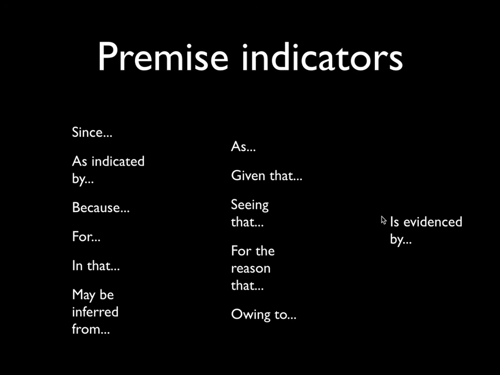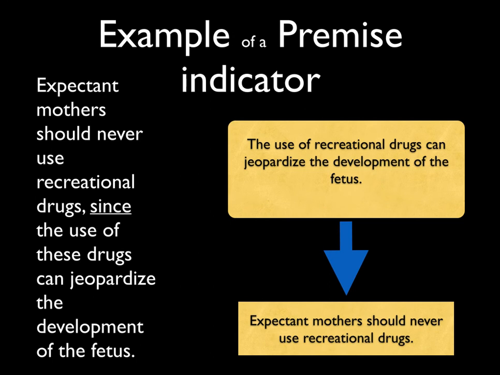And sometimes people will simply label their reasons. They'll say things like, the first reason is, or my second reason is, or they'll simply label them first, second, third, and so on.